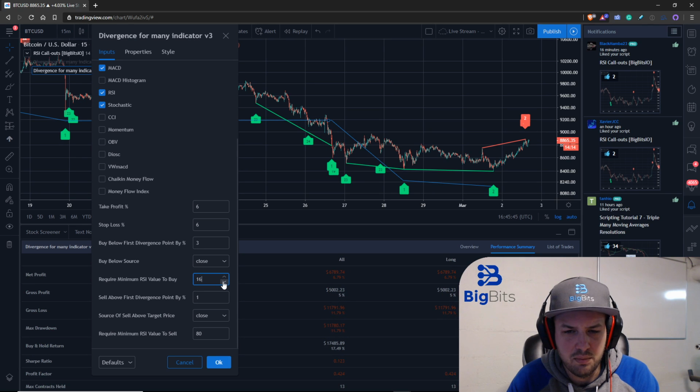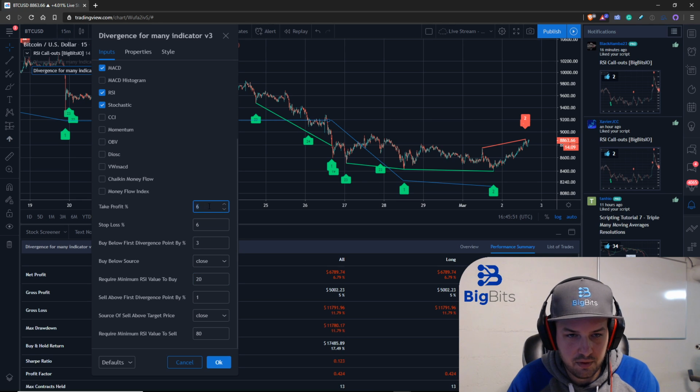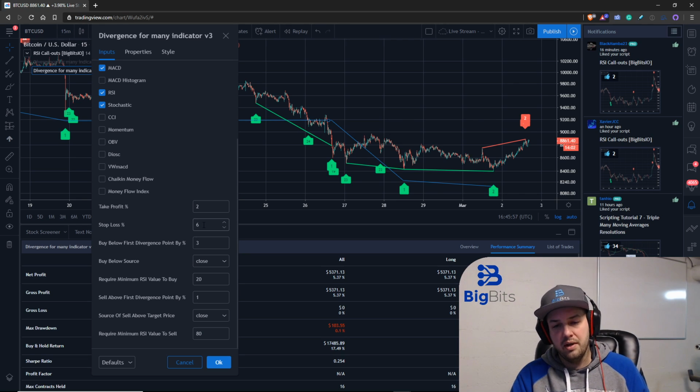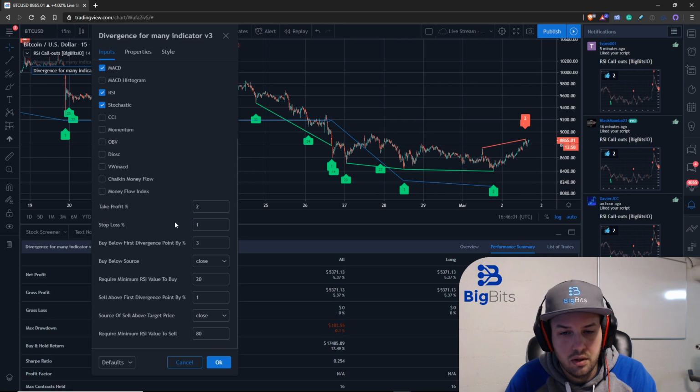Seems like it definitely would have been better on those 5-minute candles like we had it. Let's just try reducing the take profit back even more. Yeah, so the swings on the divergences aren't big enough. That's why it's not catching profit, and oftentimes it's dropping more.